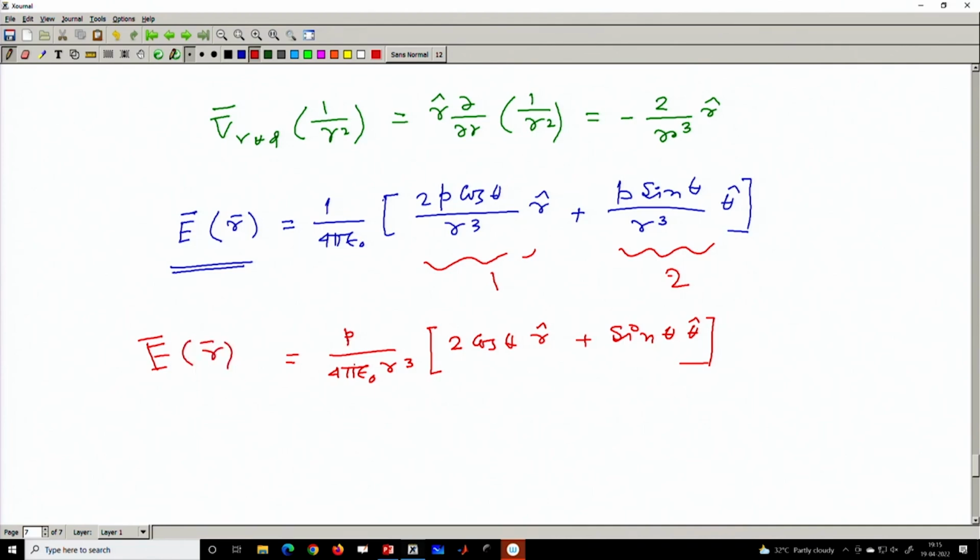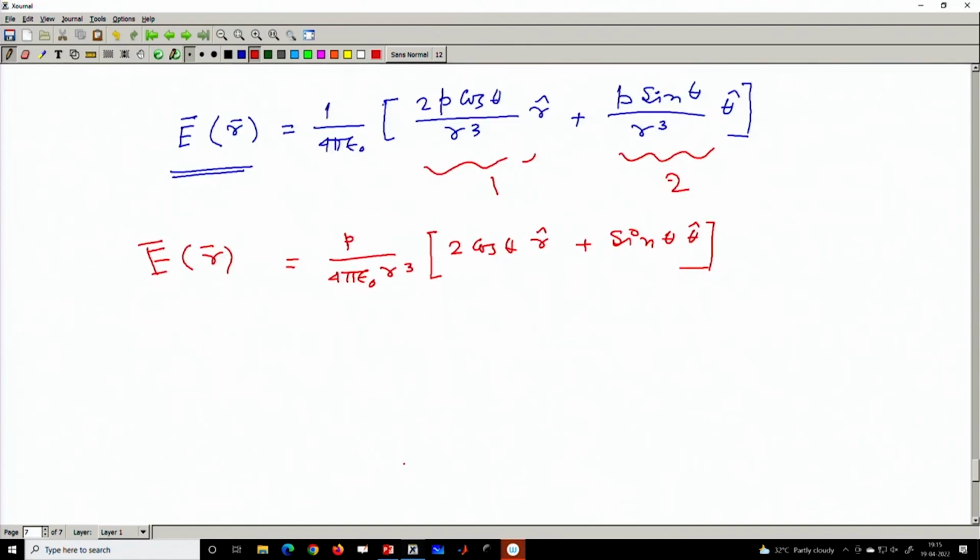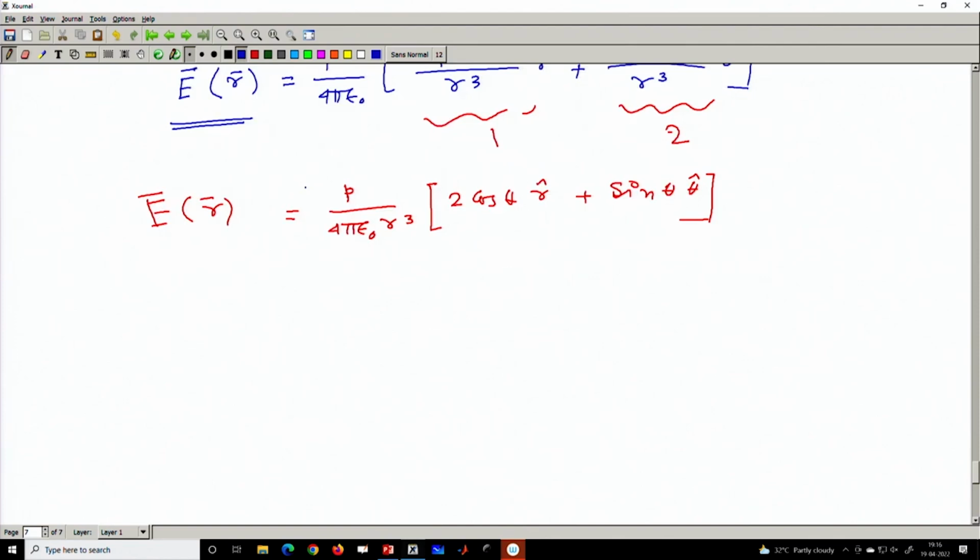A similar expression you should have calculated in another form, so that was the homework. So let me write that as well, the expression we got earlier, side by side so that you can realize.